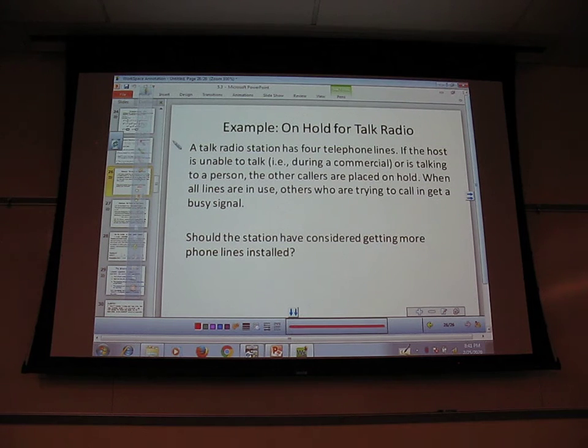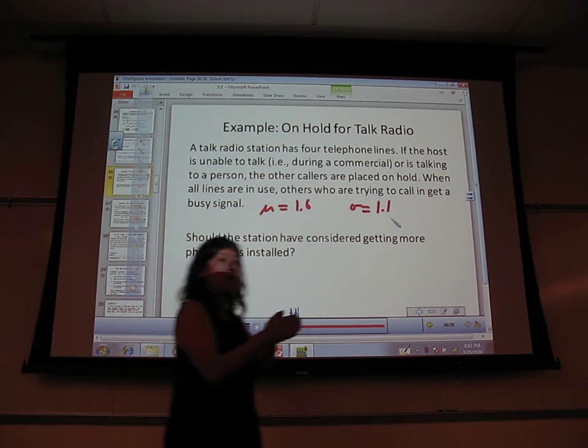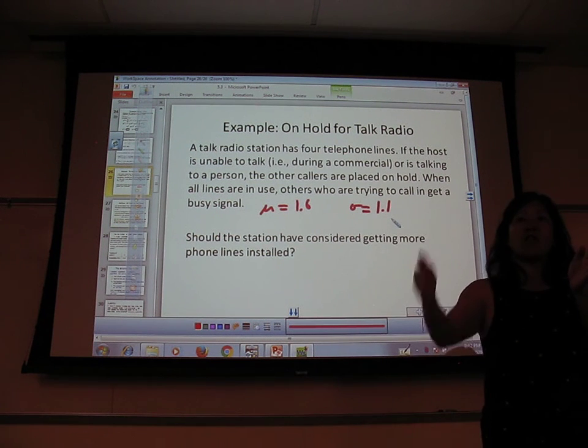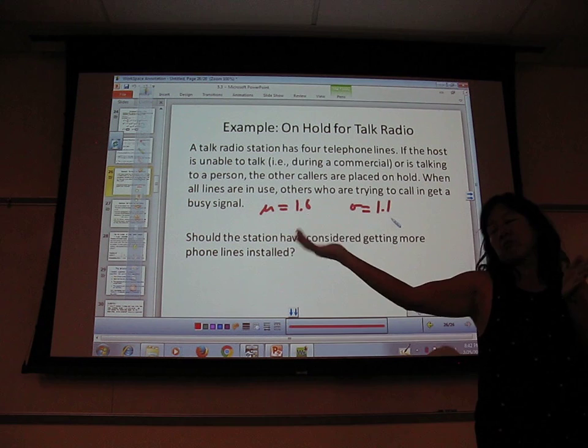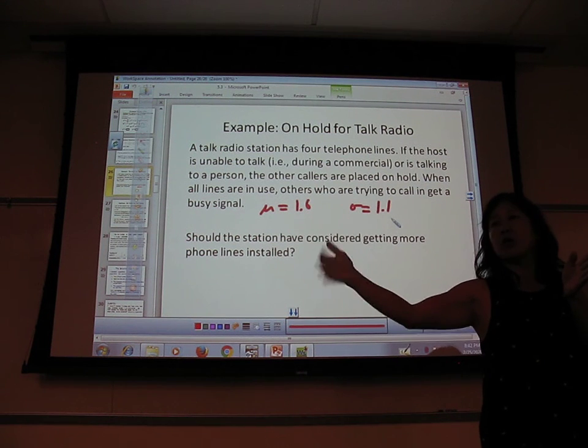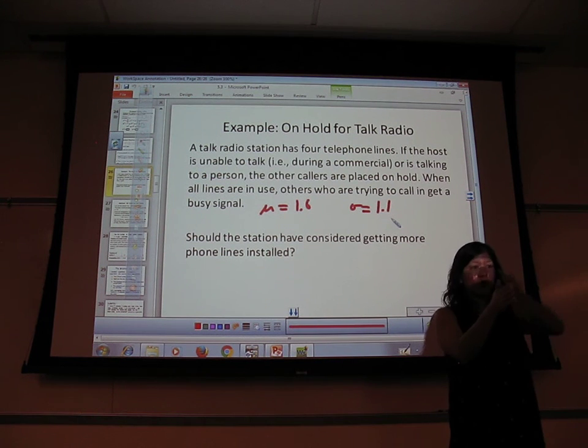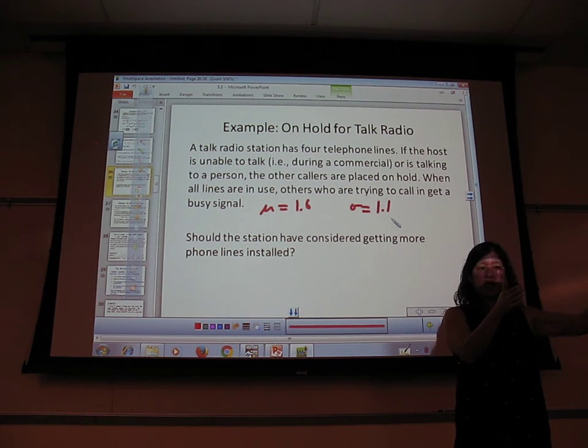Okay, so here's the deal. What was my mean? My mean was 1.6, and my standard deviation was 1.1. Our typical values are within how many standard deviations of the mean? 2. So if I have my mean of 1.6 and I go 2 standard deviations this way, I get to like negative something. Can't have negative calls, so let's call it 0. I take my mean and I go 2 standard deviations this way, 1.6 plus 1.1 plus 1.1, 3.8.